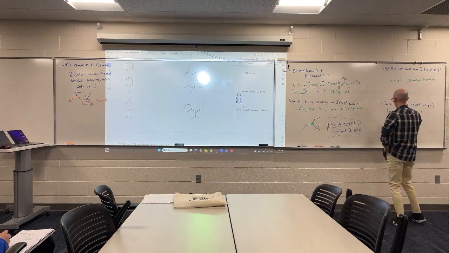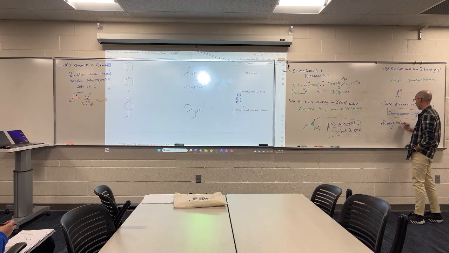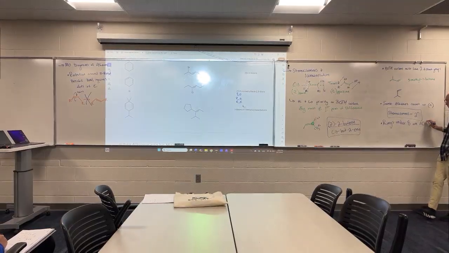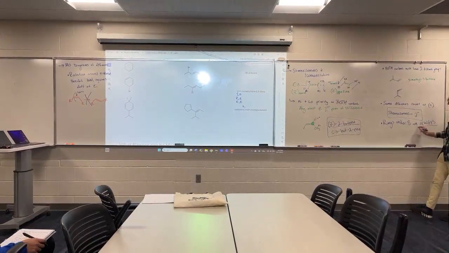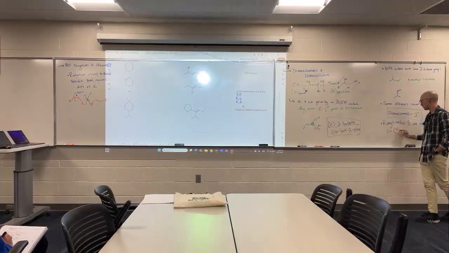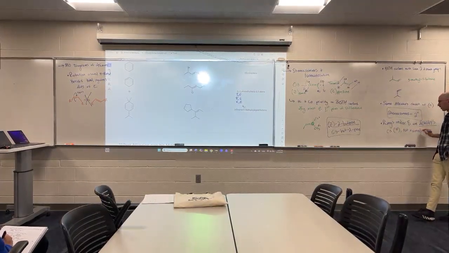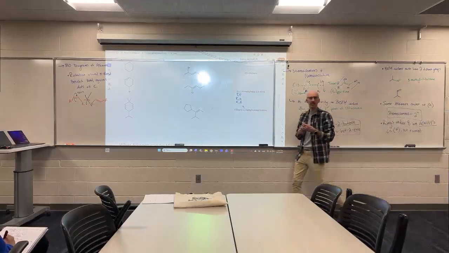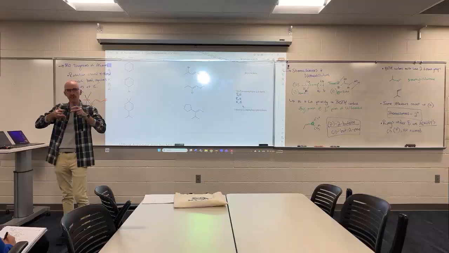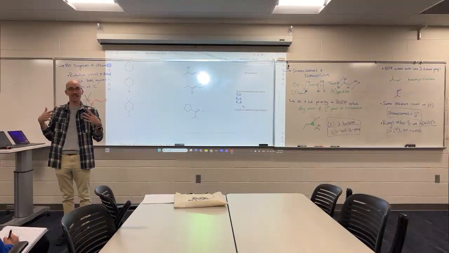Except rings that are smaller than 8 carbons physically cannot get their bond angles to be E. They cannot get trans alkenes.